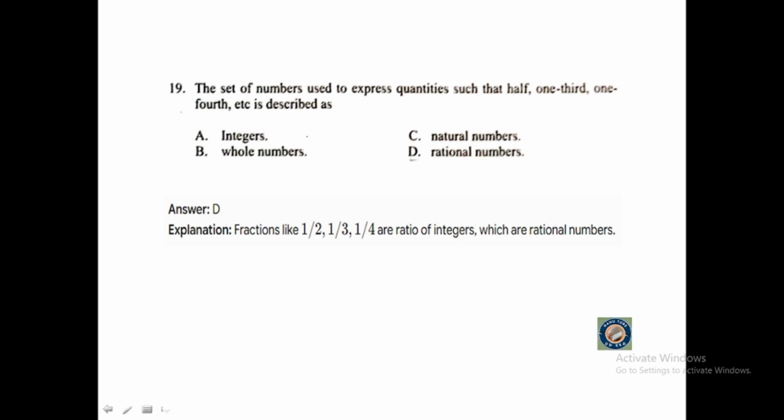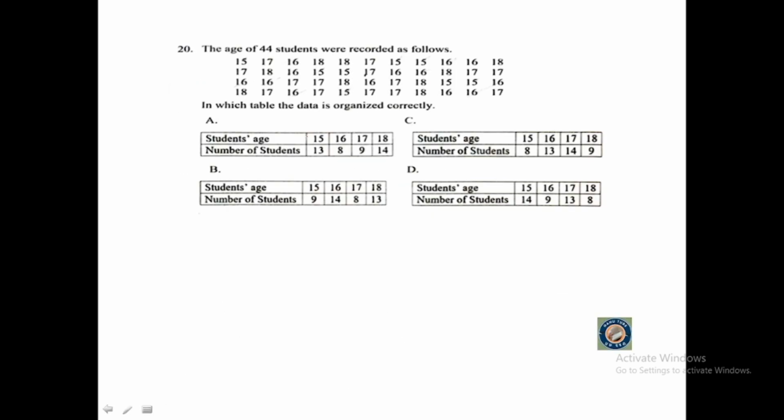To the last question of part 1. Question number 20. The ages of 44 students were recorded as follows. In which table is the data organized correctly?